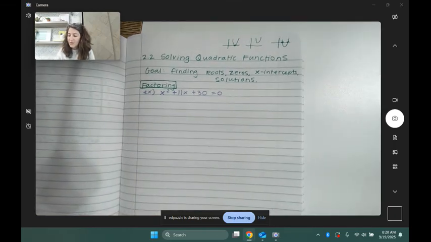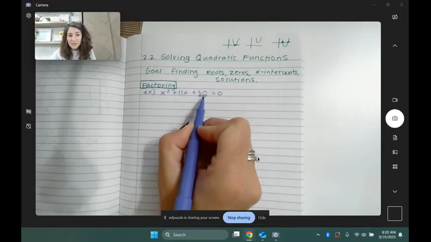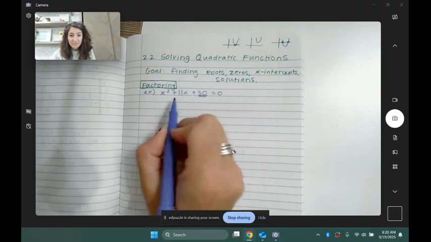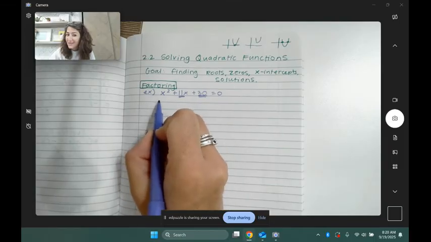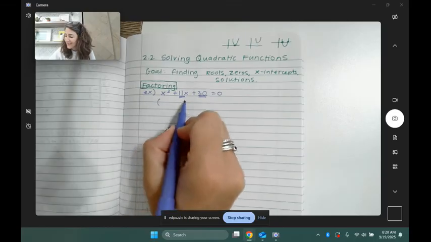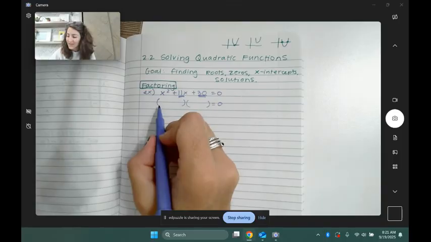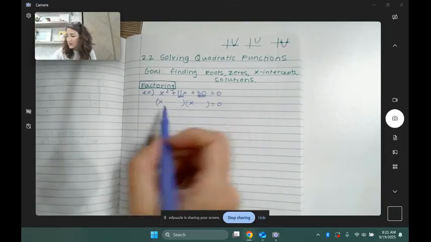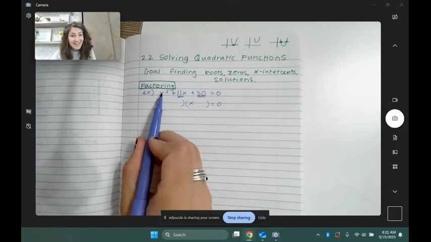So factoring, remember, I'm thinking what two numbers multiply to 30 and add to 11. And I want to write this in factored form. So my next step will look like this in factored form. I'm thinking like these two things, if I multiply them together, I'll get this as an answer.